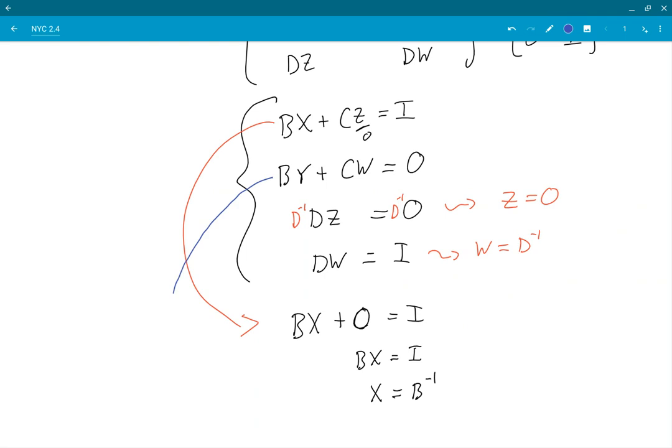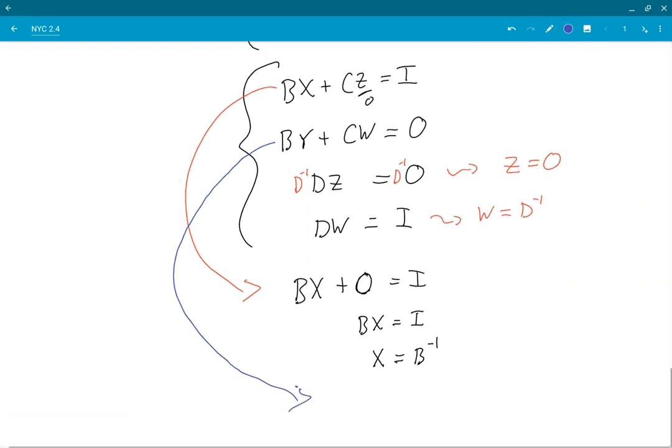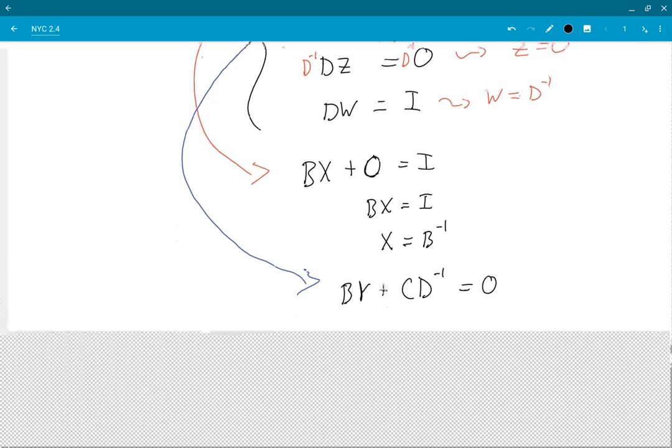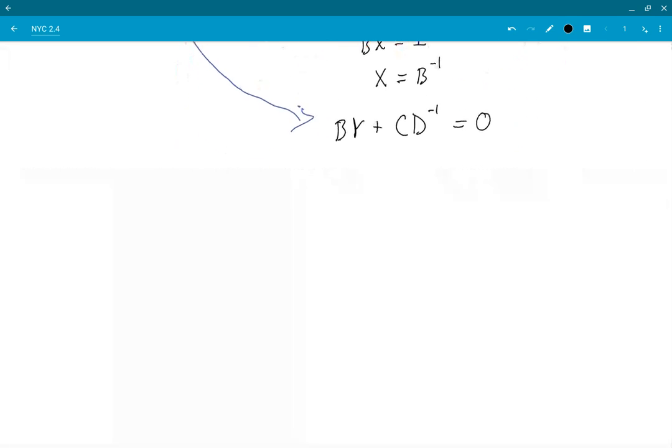And I'll take this equation down here. By plus C, what's W? W is D inverse. So By plus C D inverse is 0. So By is equal to minus C D inverse.